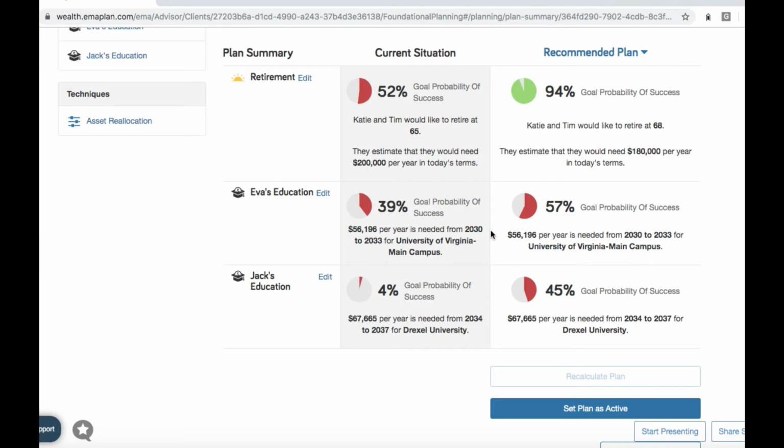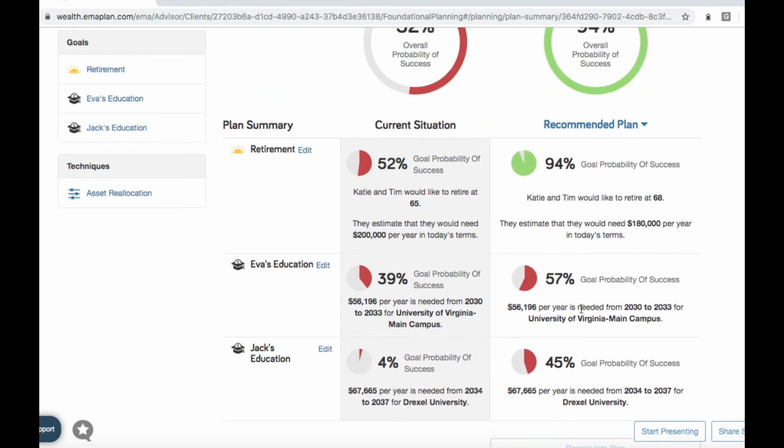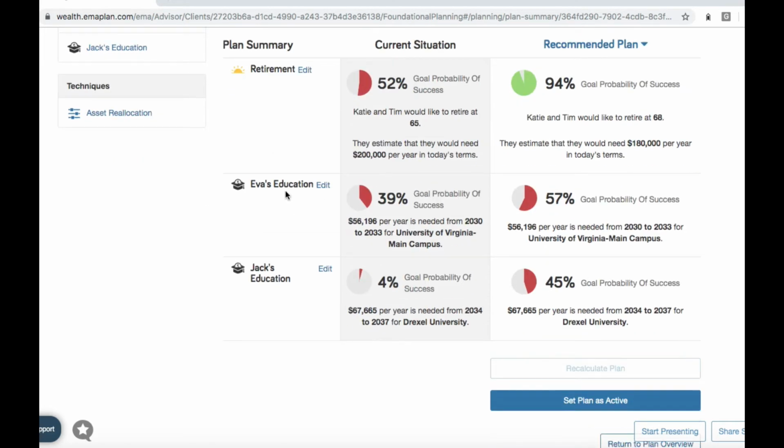Now, if they were to say, okay, $56,000 needed for 2030-33 for the University of Virginia, this is just shifting around some money. Let's say they started funding Eva's education a little bit more aggressively. That would give us some changes to projected numbers.